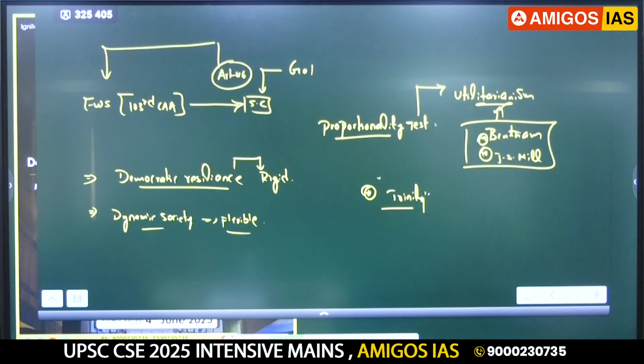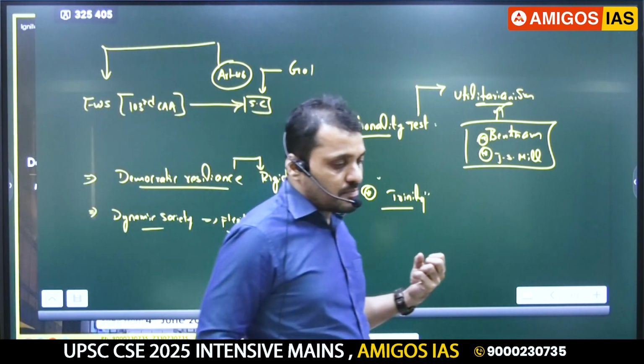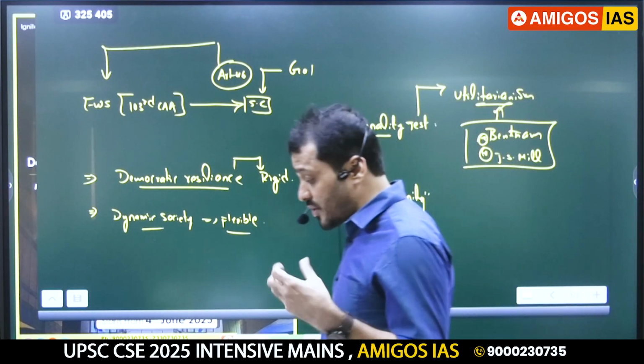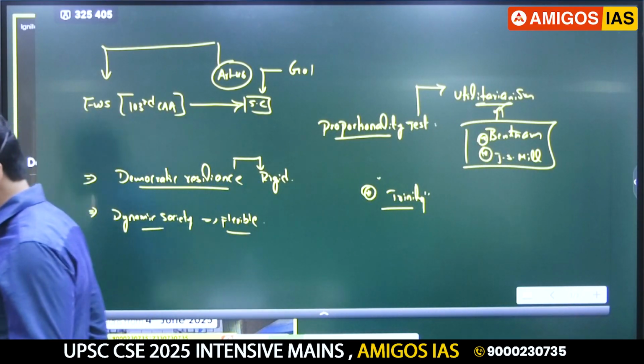The fairness of the law will also be examined. Because in the Maneka Gandhi case, not only the action of the government was questioned, even the law itself was questioned. That is the reason our judiciary evolved from procedure established by law to due process of law.